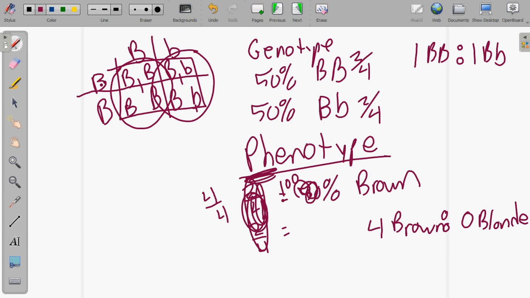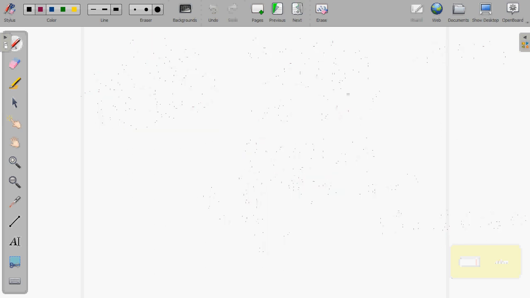Now, if you had 1,000 children, you'd be very tired. But if you had 1,000 children, then you would probably have about 500 that were this and about 500 that were this. But we can't do that as humans. We don't live long enough.